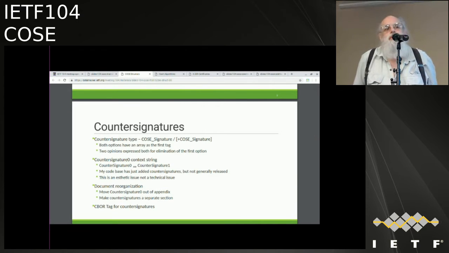The group OSCORE document, which is in the core group, is doing counter signatures on encrypted messages to mean who actually is the person who sent the message. Because everybody's sharing a group key, you want to know who in the group did it.